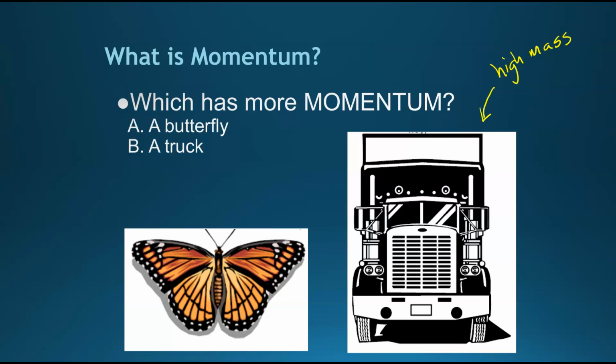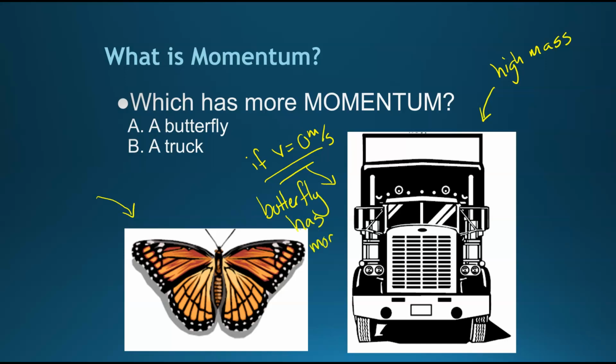But if the butterfly had a higher velocity, like let's say if velocity is 0 for the truck, the butterfly has more momentum because if the truck isn't moving, it has no momentum.